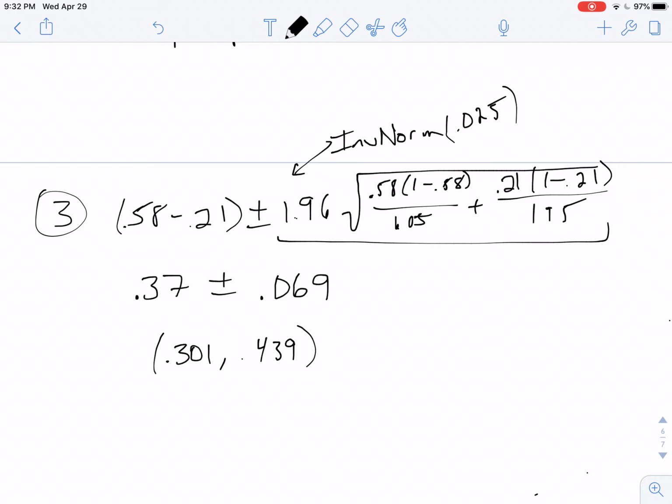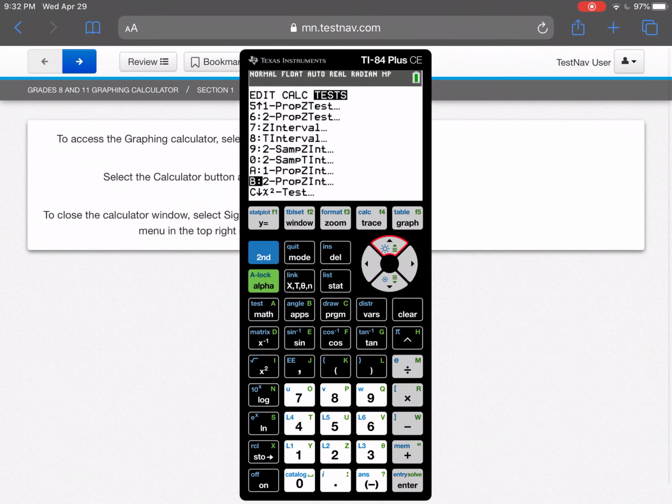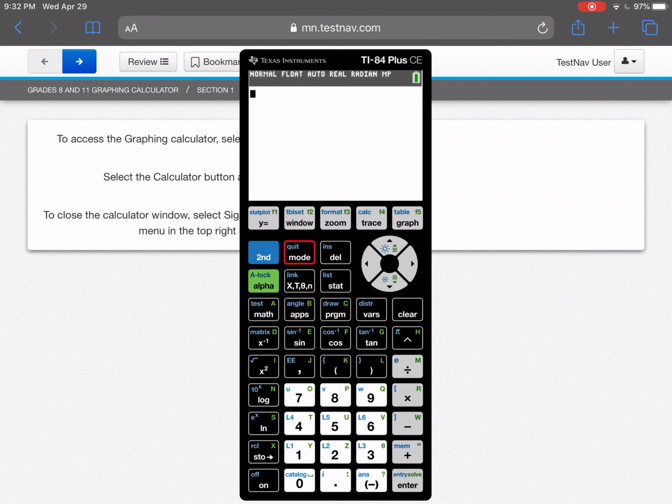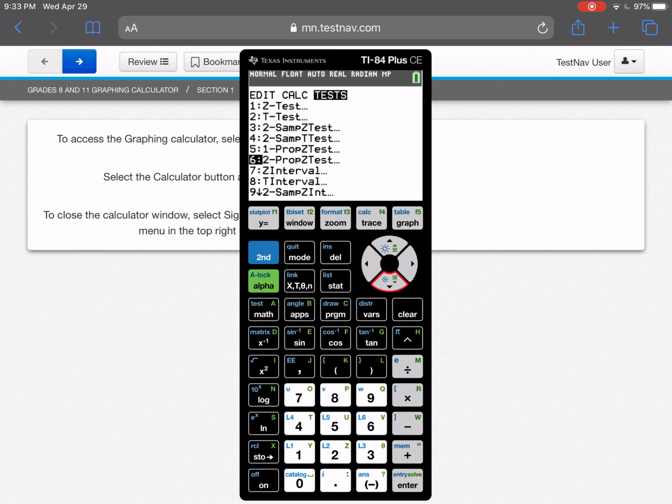I'm also going to show you this quickly on the TI calculator. So I'm going to go to the stat menu, over to tests, and scroll down until I hit 1 prop z int. Excuse me, 2 prop z int. So you have 2 proportions, and then you're doing a z interval.